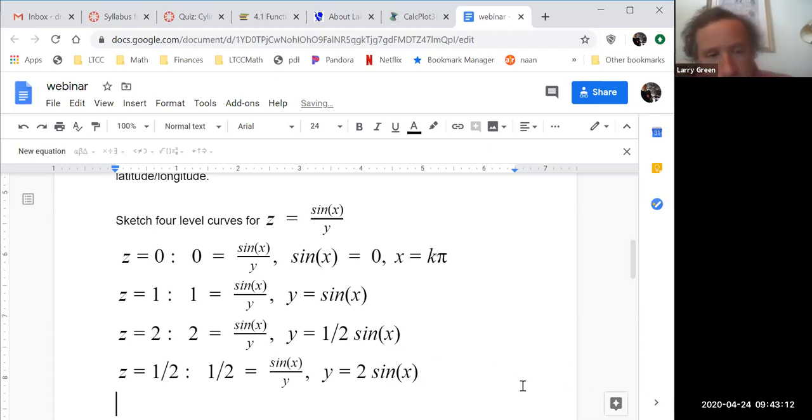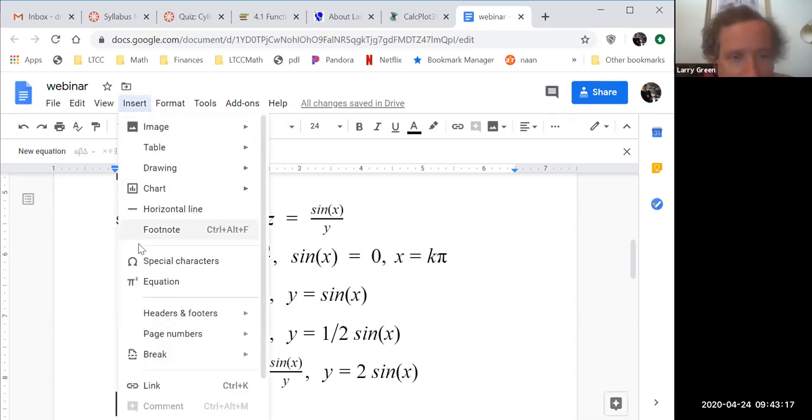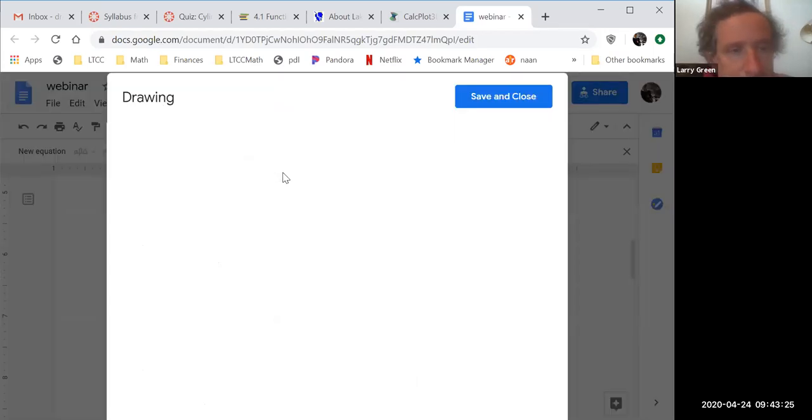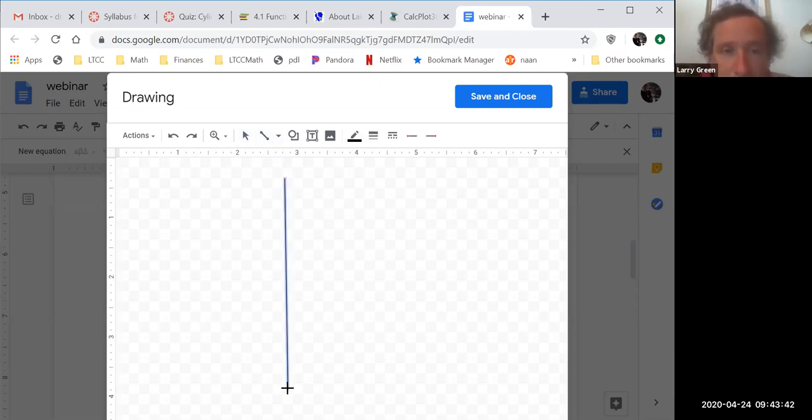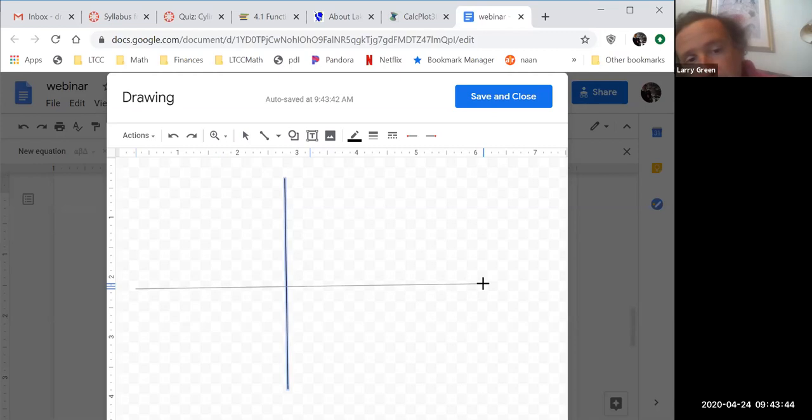So now, let's try it. And this is where it's not going to look great because I'm not the best artist. The nice thing about level curves is you don't have to draw the x, y, z axes.